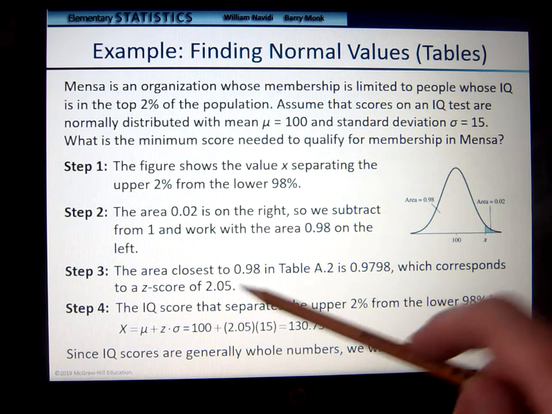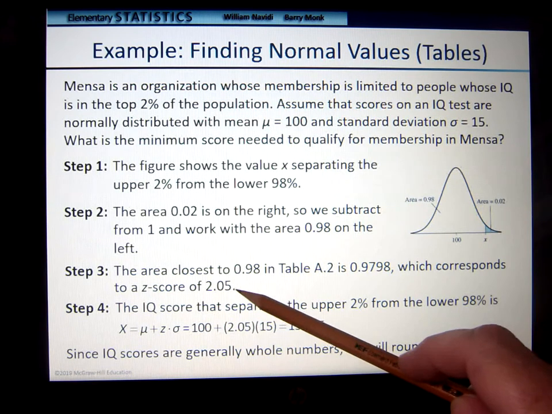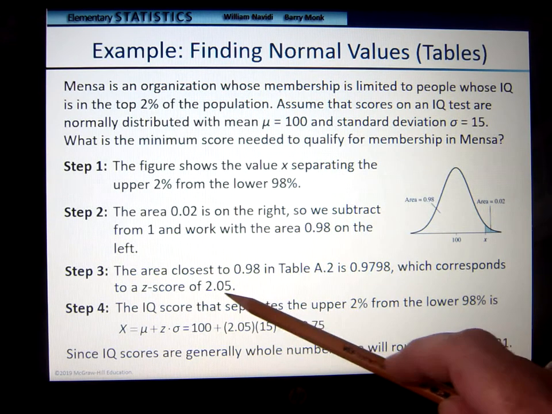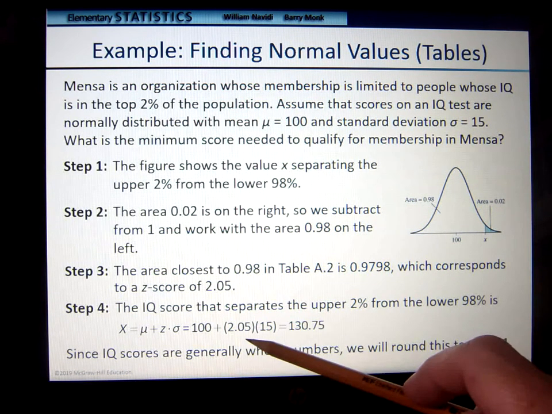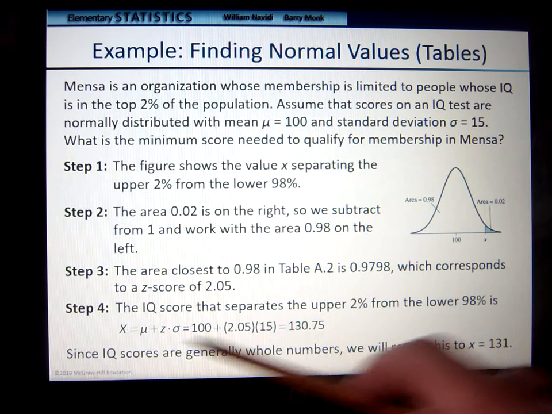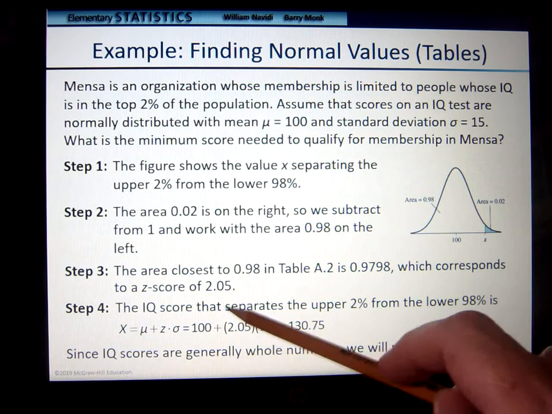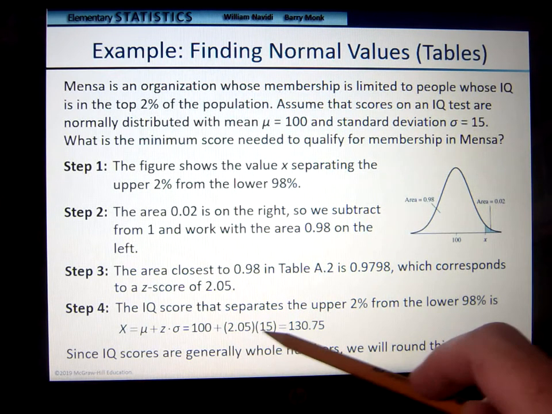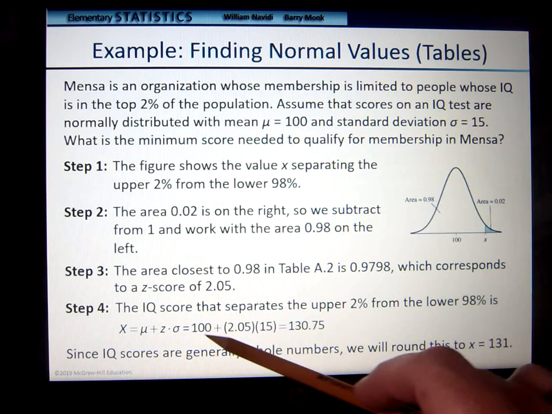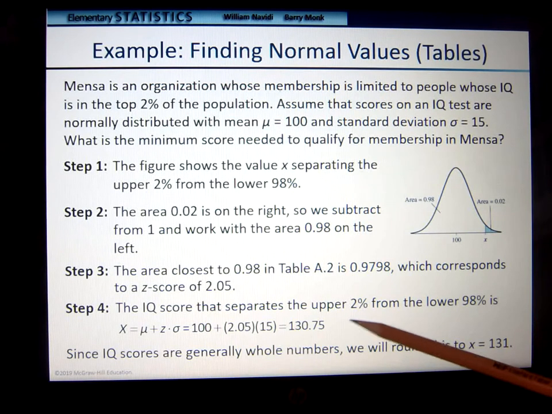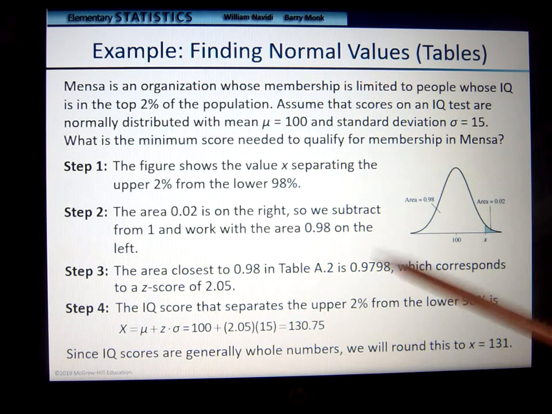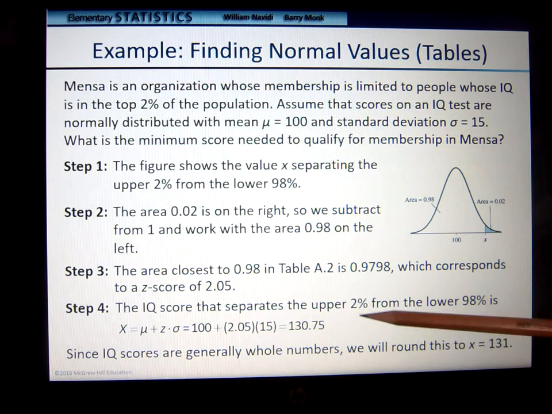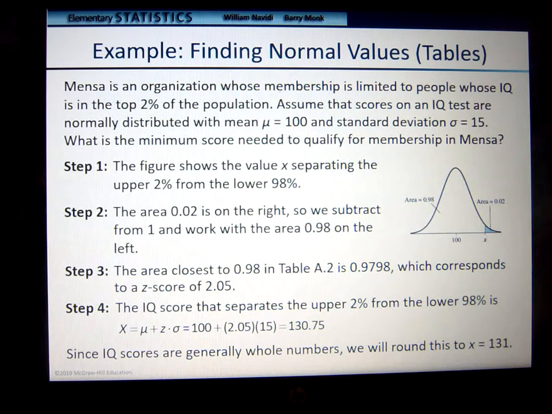That corresponds to a z-value of 2.05. So now we're going to stick that 2.05 in for the z-score in this formula, multiply it by the standard deviation, add it to 100, and since IQ scores generally are whole numbers, we're going to say it's about 131.